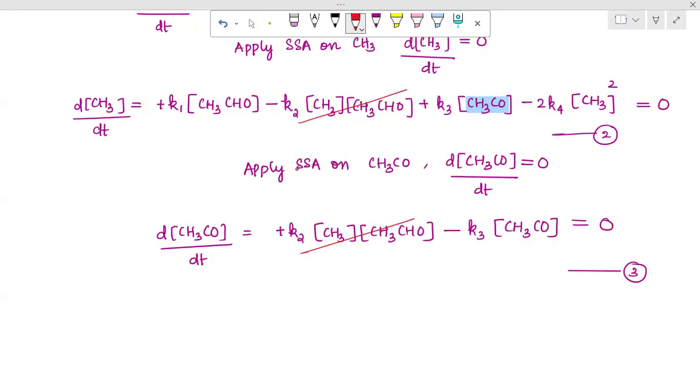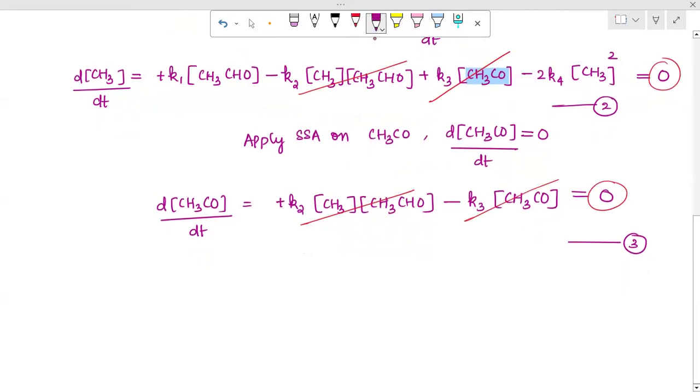And the third term of equation number 2, K3[CH3CO] and minus K3[CH3CO], will also get cancelled. On the RHS, 0 plus 0 is equal to 0.